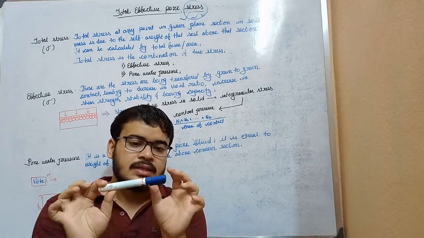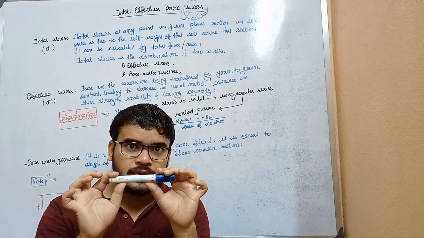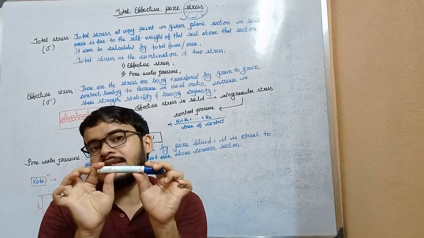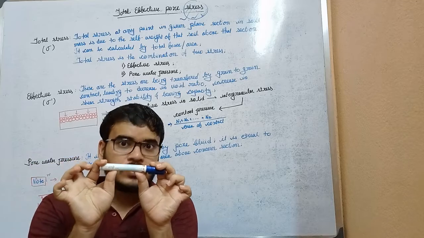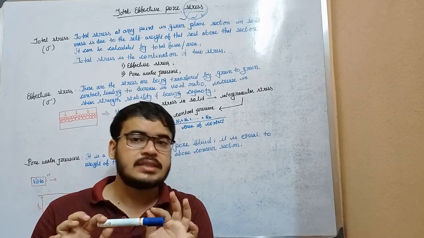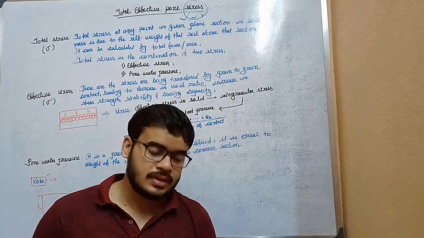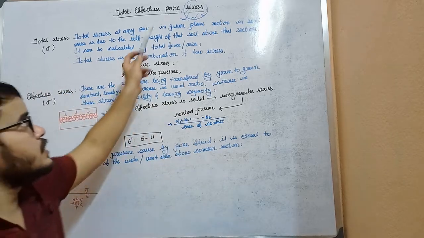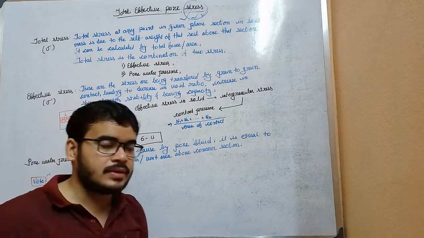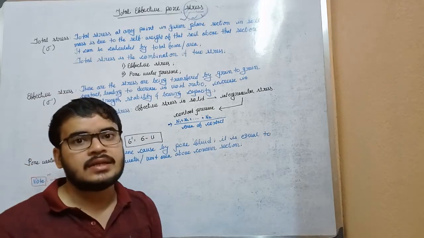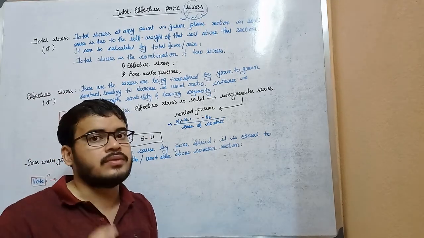That means there is some amount of inner resistance created in this pen which resists the outer load. This inner resistance is stress. Stress is an inner property of a material. It is created on the inner side in response to the outer load.